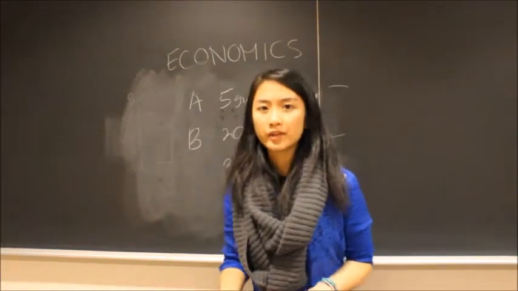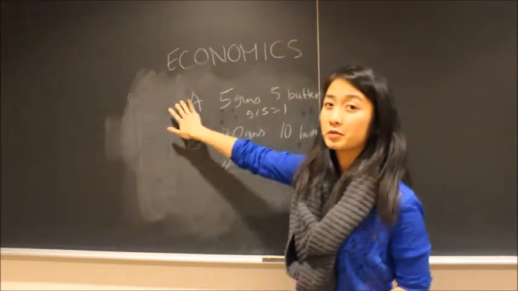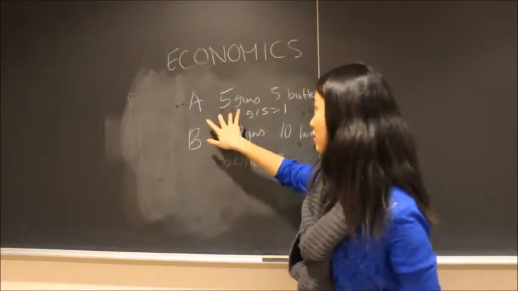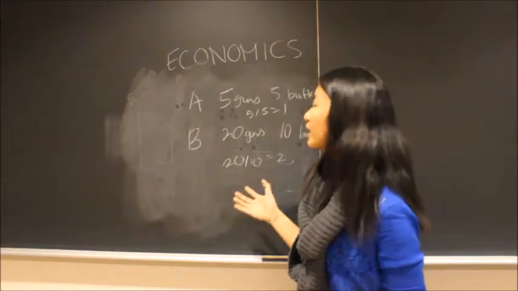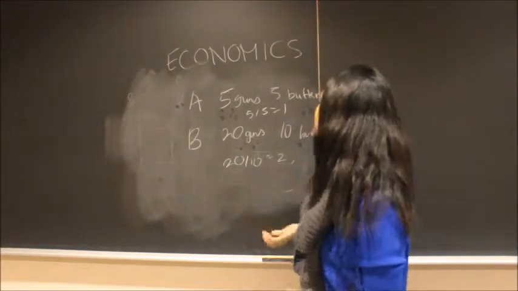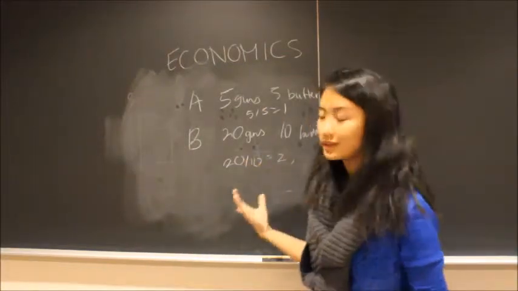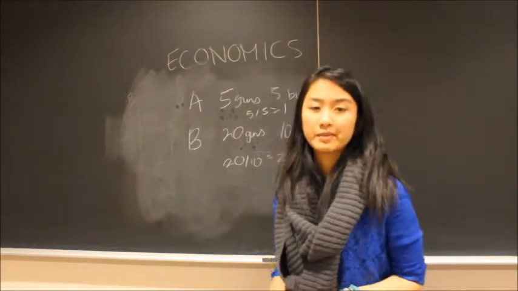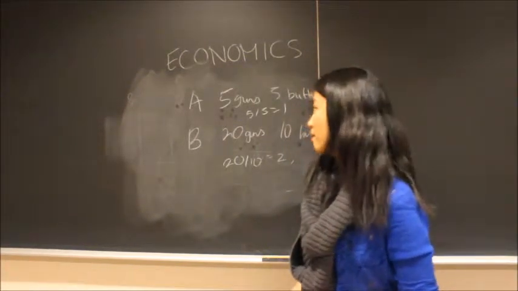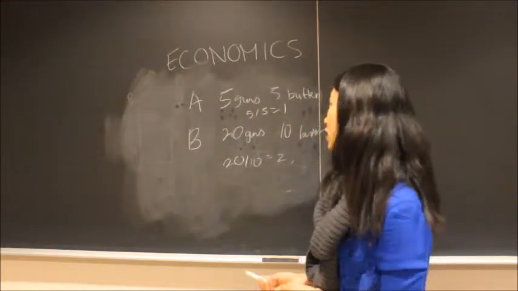For comparative advantage, I've created an example with two hypothetical people, person A and person B, with 1 hour, the same amount of time. Person A can produce 5 guns and 5 sticks of butter. Person B, 20 guns and 10 sticks of butter. So it's apparent that person B obviously has the absolute advantage, with more quantity in the same amount of time. It's more productive. However, for comparative advantage, we have to calculate opportunity cost.